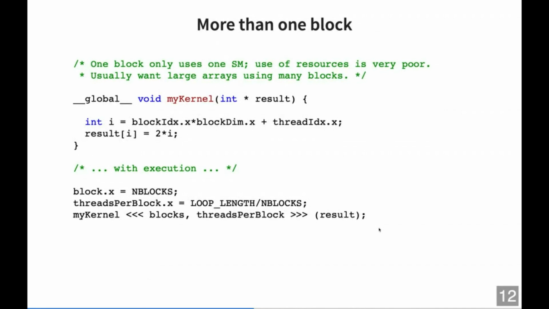To make sure we compute the appropriate range of loop indices, we should set our threads per block to the total loop length divided by the number of blocks, and that will cover the whole problem range for us.